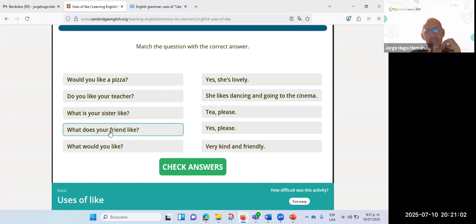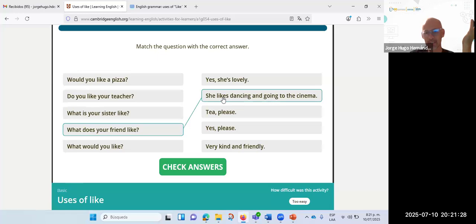What does your friend like? It's a very, very similar question, no? What is the difference? Here we use verb to be, here we use do or does, okay? We are saying here, what does your friend like to do, no?